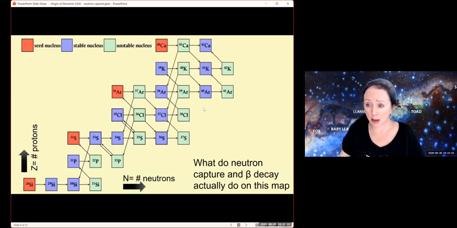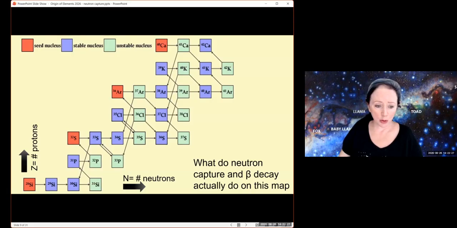So here you can see this is a more complicated version of this. And you can see here that when we got to sulfur 35, which is unstable, it would beta decay to chlorine. So we can actually trace the path of elements through a path like this that is following all of the different possible decays. In this case, it actually has some extra decays, which I'm not going to get into.